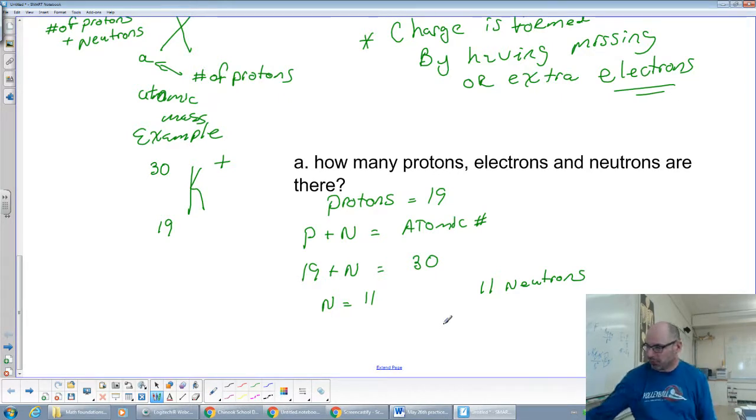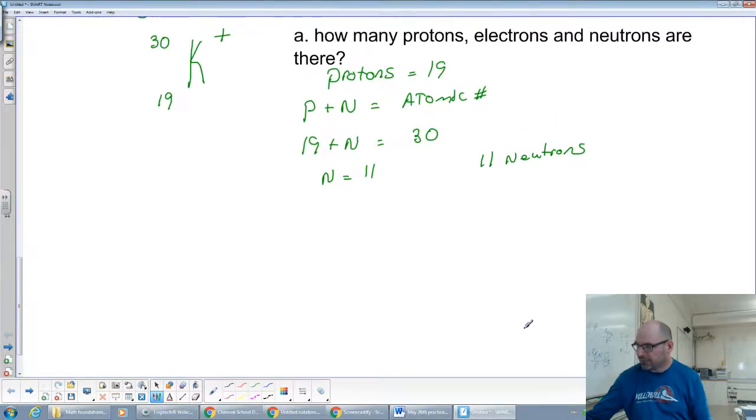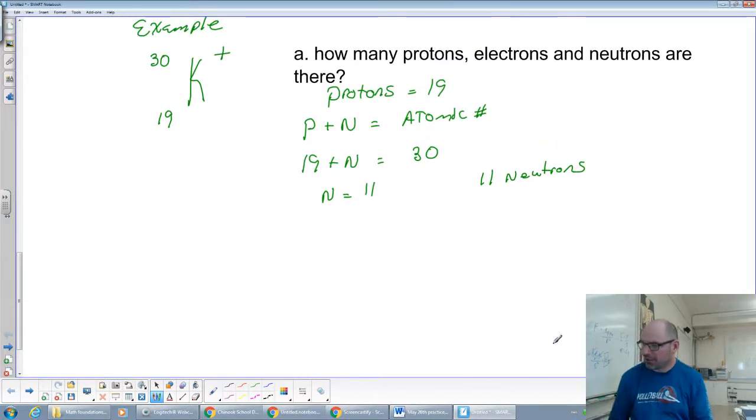Pretty easy to do. So the charge: the number of electrons is going to be equal to the number of protons minus or plus the charge. If you have extra electrons, you have a negative charge.